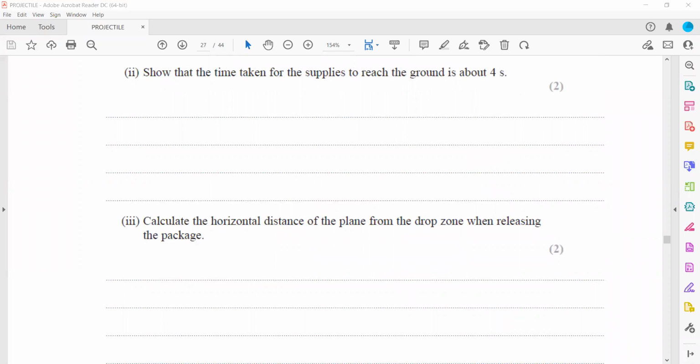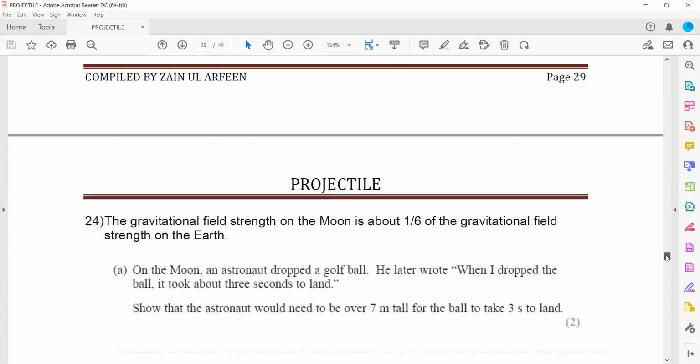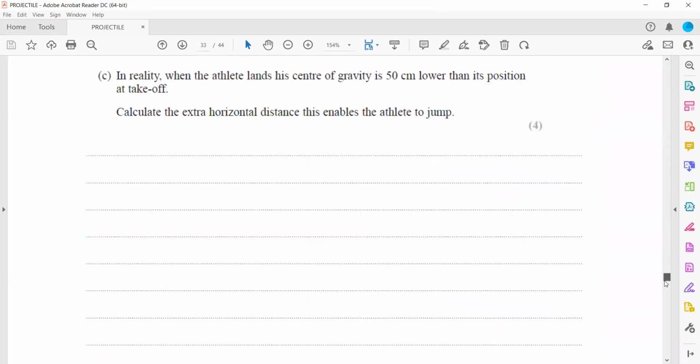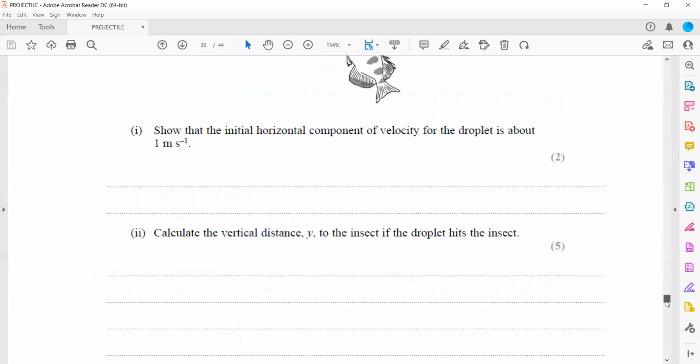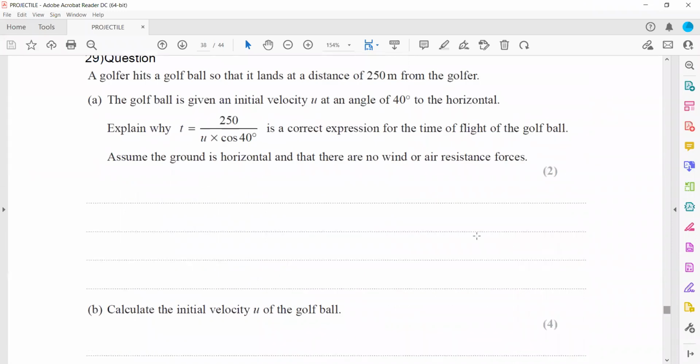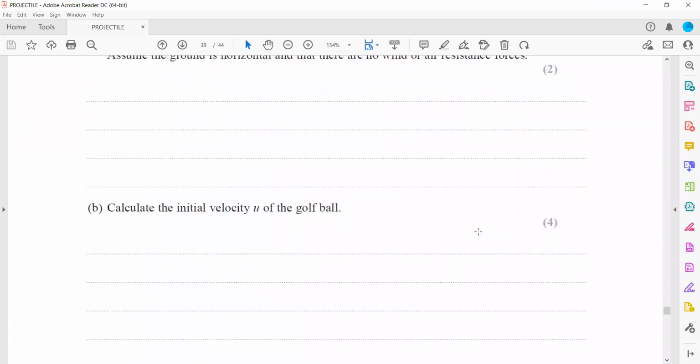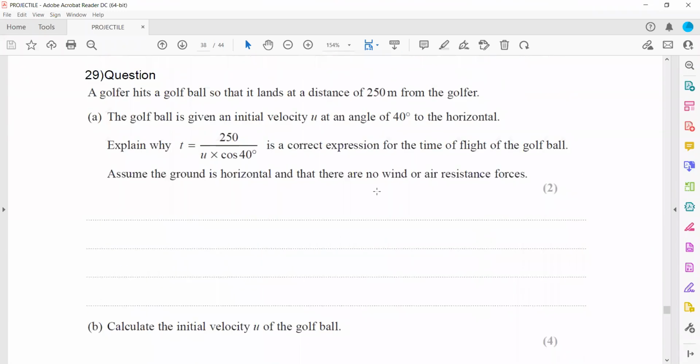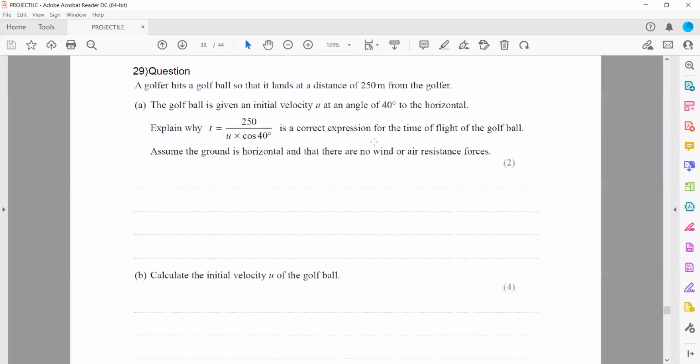Then the next question is 29B. Calculate the initial velocity of a golf ball. The golfer hits the ball and it lands at a distance of 250 meters from the golfer. So the range is given to us.